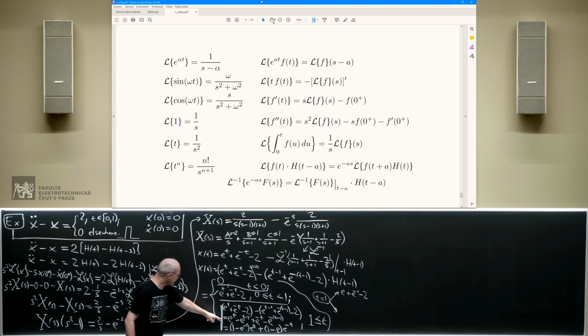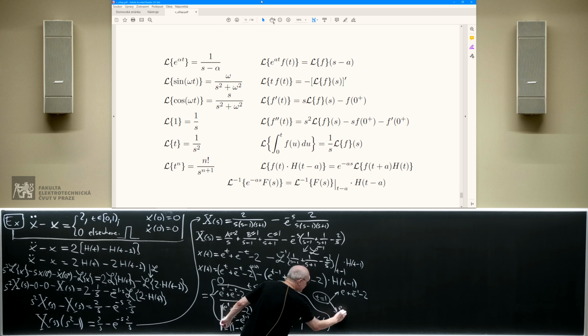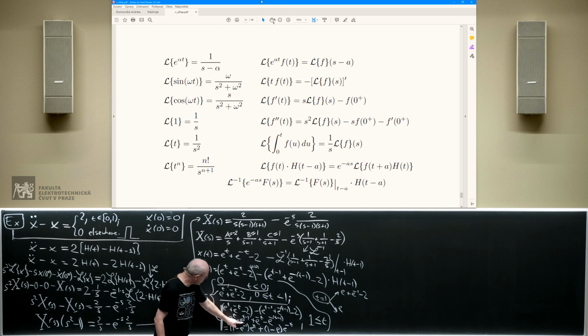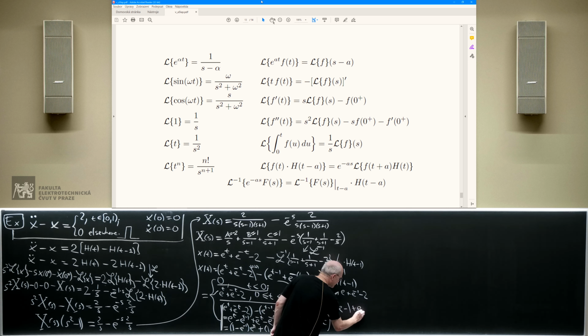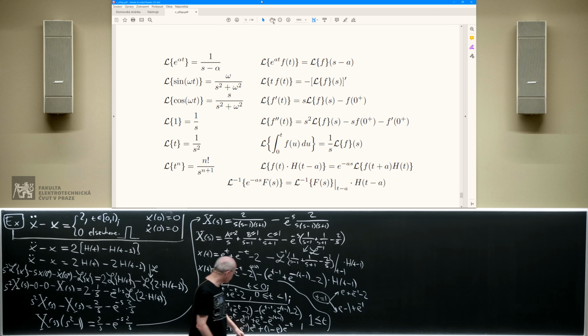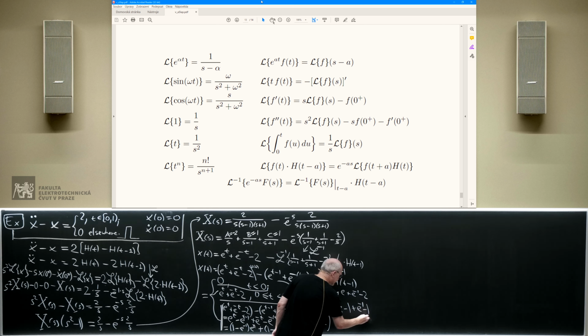So when time is 1, it will be e to 1 minus e to 0, which is 1, plus e to negative t, which is e to negative 1, time is 1 now, minus e to negative 1 minus 1 is 0. This is minus 1 again. Are they equal? And the answer is yes. This is e plus e to negative 1 minus 2. So there is a match.